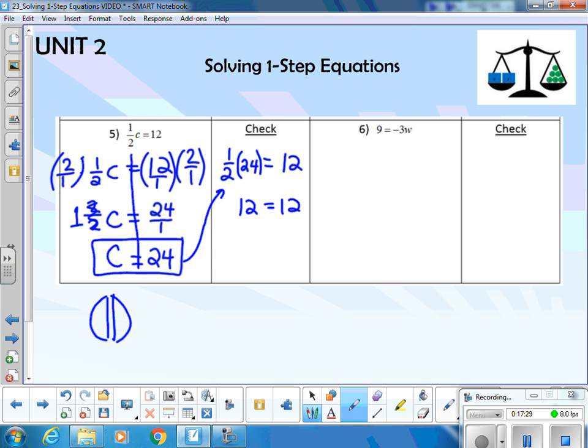But if you're looking to see how that works mathematically, 1/2, and we have to make 24 a fraction by putting it over 1. 1 times 24 is 24. 2 times 1 is 2. 24 divided by 2 equals 12. So either way, you're going to get the same answer, but that shows that it is correct.